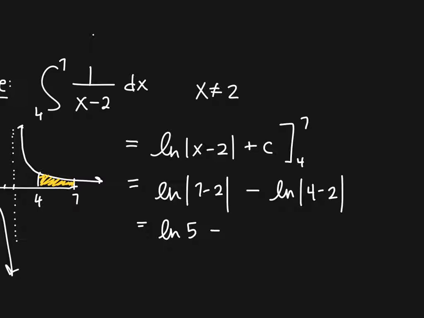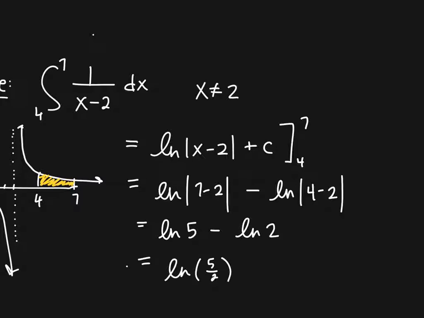And I don't need my absolute values now that I've come up with a positive number, minus the natural log of 2, which, if you remember your arithmetic properties, natural log of 5 minus the natural log of 2 is the natural log of 5 over 2. The subtraction of two logs is the logarithm of the ratio of those two. So that is the exact representation of the area that was shaded underneath that curve.